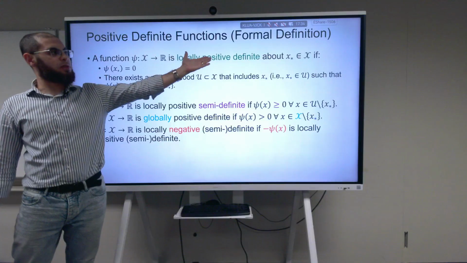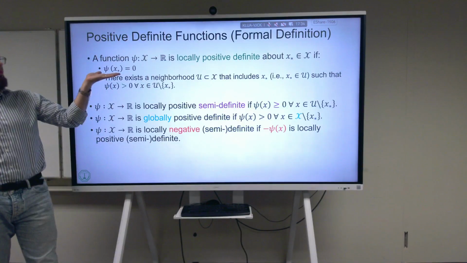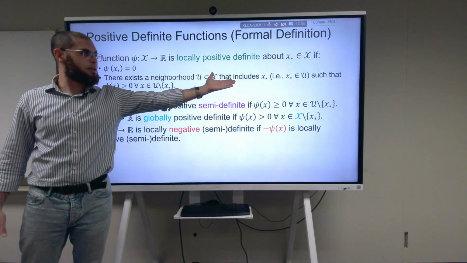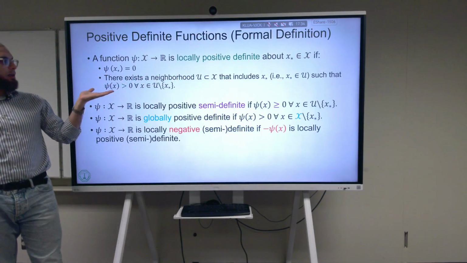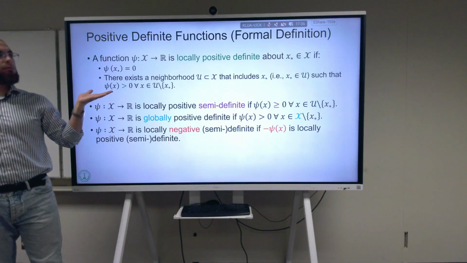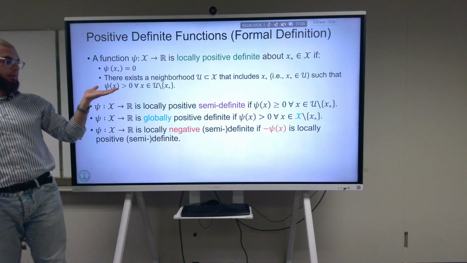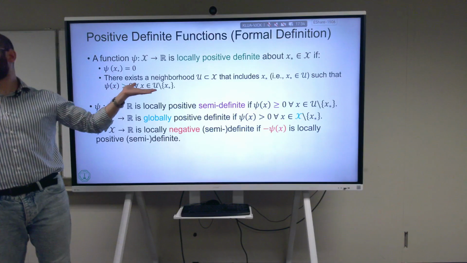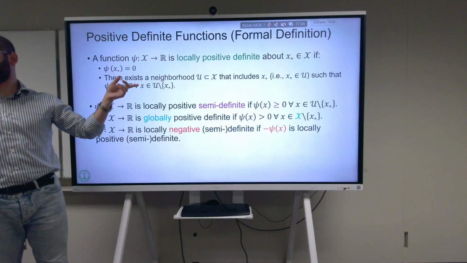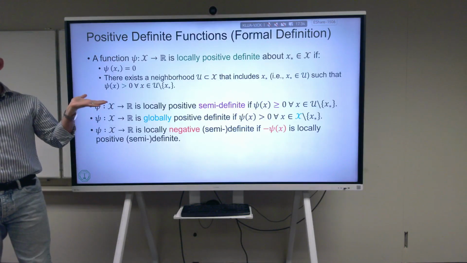We say it's locally positive definite about an equilibrium point if you evaluate the function at the point and you get 0, and you can find a neighborhood that includes this equilibrium point such that the function is positive in the neighborhood, except at the equilibrium point itself, because at the equilibrium point we really want it to be 0. So it's 0 at the equilibrium point and positive everywhere else. This is the formal definition.